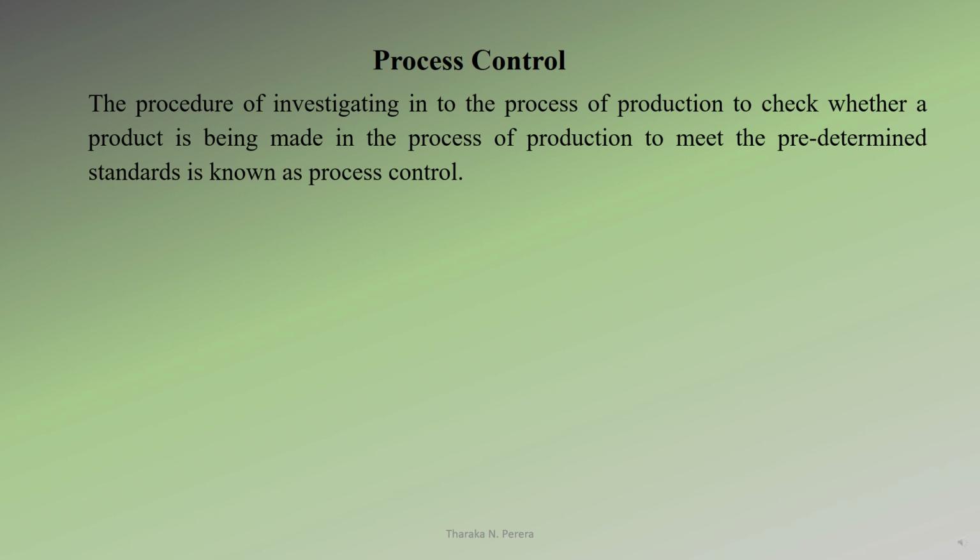We use process control to test whether the production is carried out in accordance with the predetermined standard, to regularly focus on the production process, and also to identify the actions to develop the process.